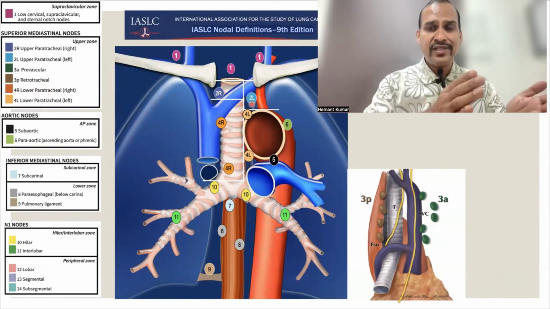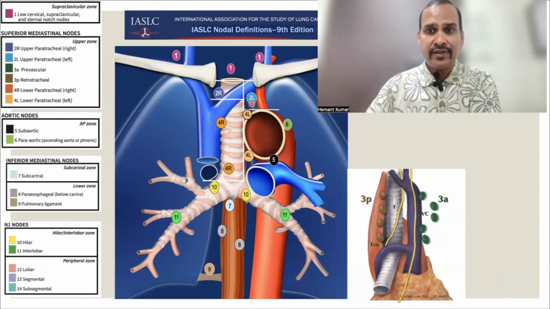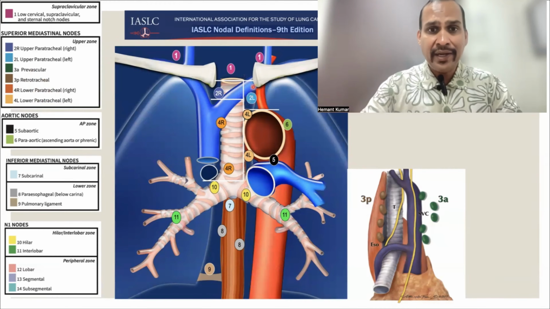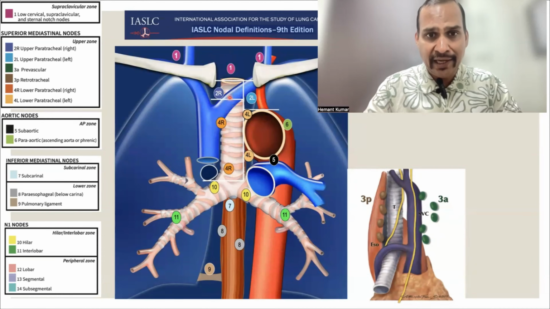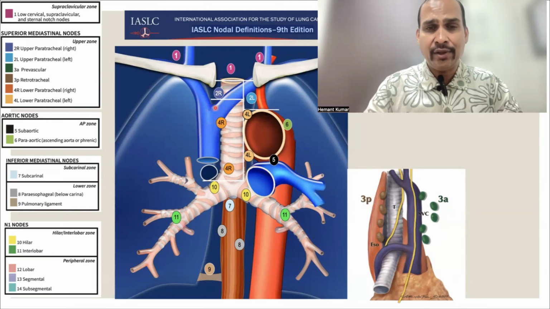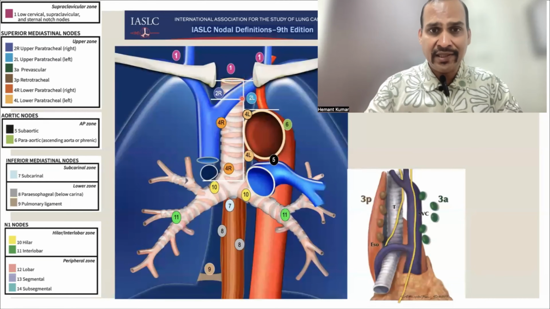So how to differentiate right and left tracheal nodes? By marking lateral border of left side of trachea. It is not like a midline, where right to midline is right and left to midline is left. It is not like that. The margin is here, lateral border of left side of trachea.